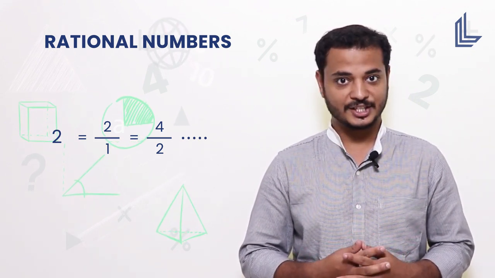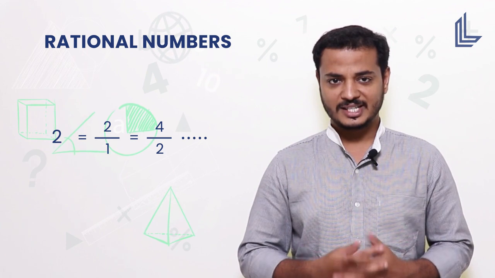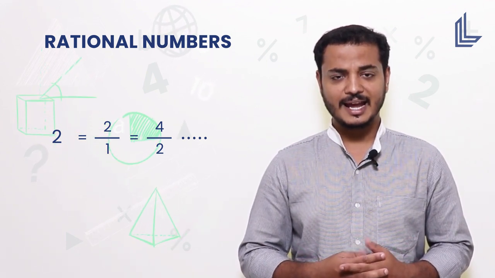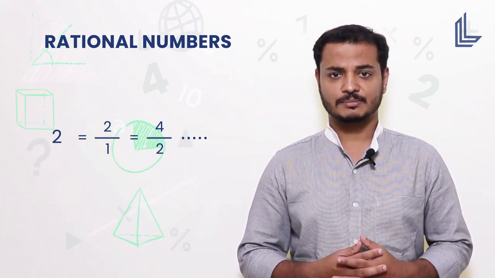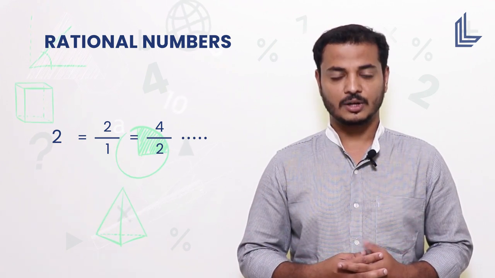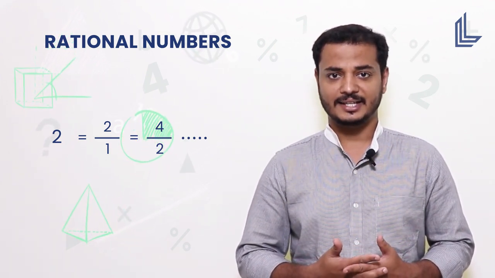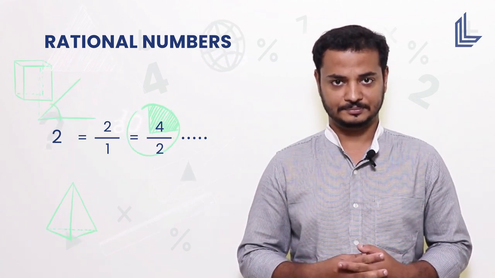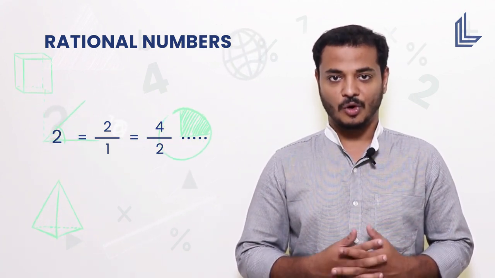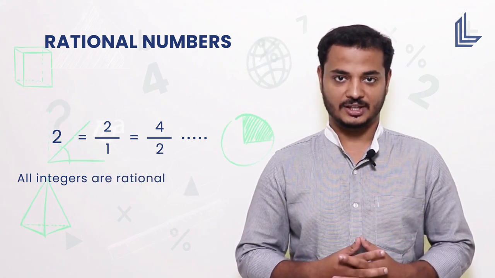Where P and Q are integers. What does it mean? It means that any integer can be expressed in the form of P by Q. Why? Because any integer basically can be expressed as that integer by 1. So, all integers are rational numbers.